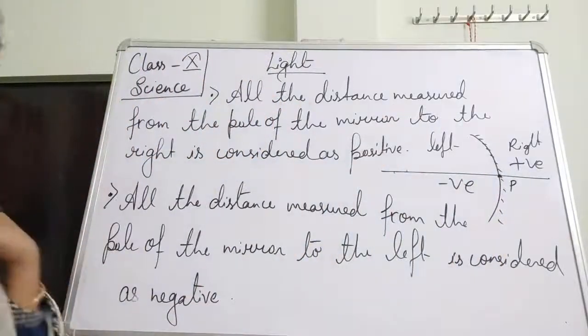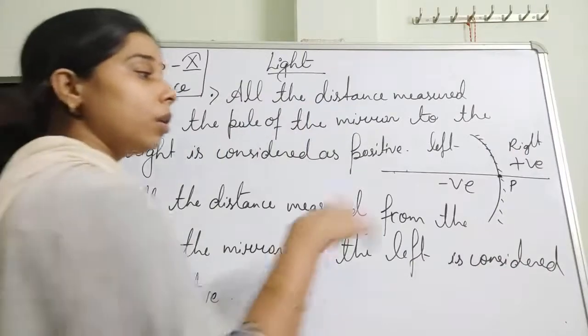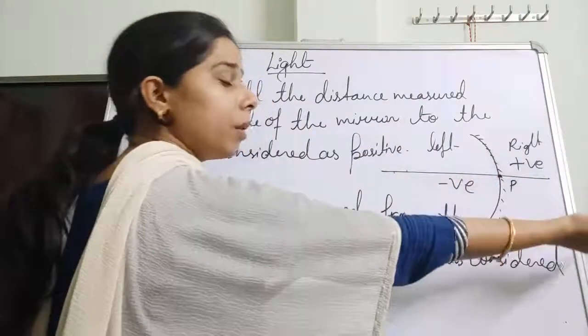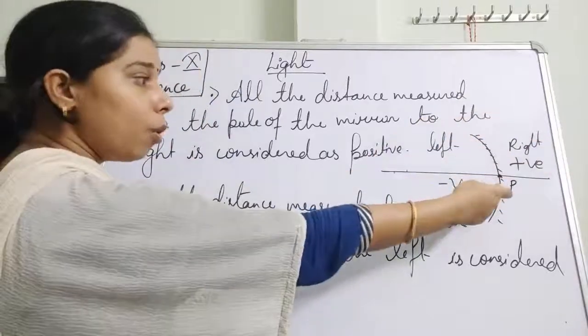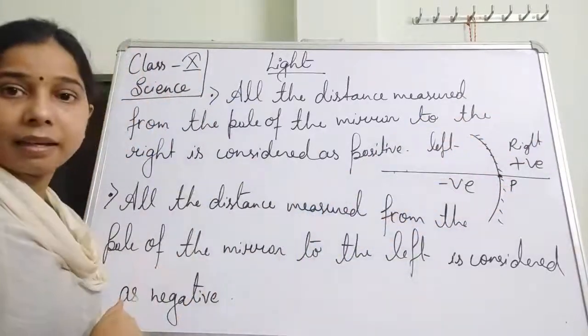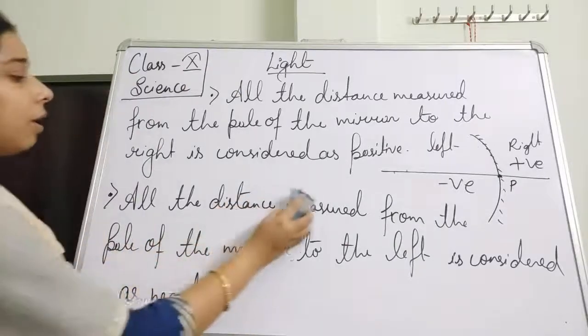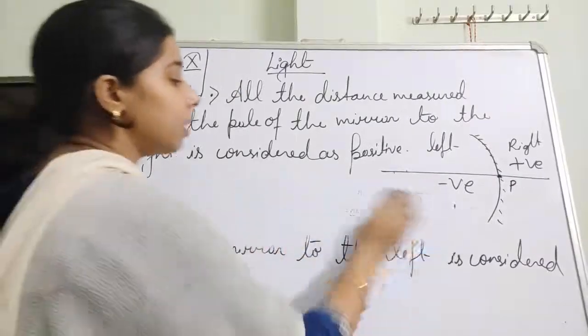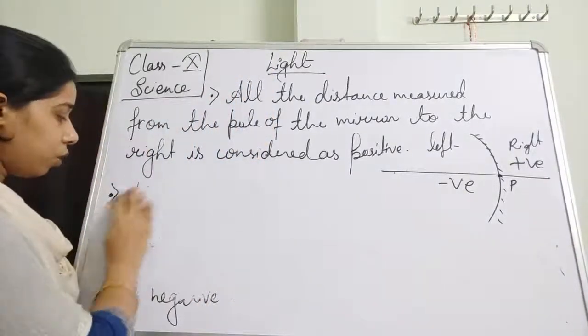This will help you to understand the thing very clearly, students. Okay. So from the pole to the right side is taken as positive. From the pole to the left side is taken as negative. I hope this concept is clear to you. Now, with the help of this, we have come to a conclusion. Now, let us see, students, what happened.